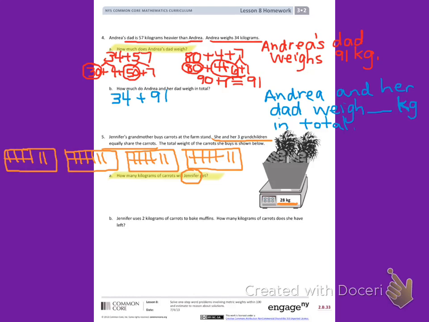Another way you could write this would be 28 kilograms divided by 4 people. Now you count up how much just Jennifer gets. Remember, Jennifer is just one person. So figure out how much one person gets, and that will be the answer for 28 divided by 4.